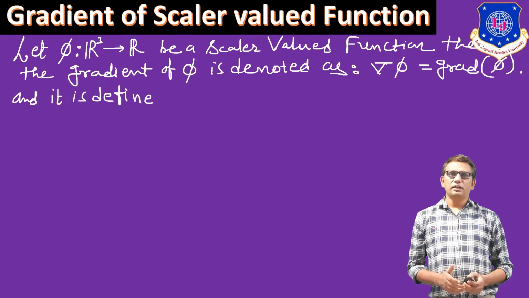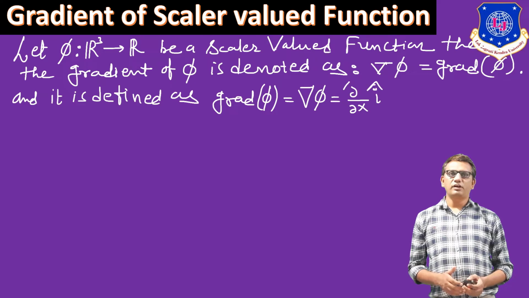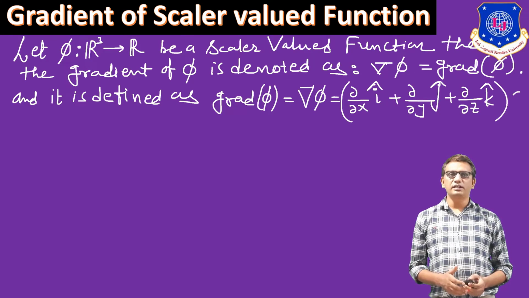This triangle is known as the del operator for the gradient function, and gradient of phi is defined as del phi by del x i caret plus del phi by del y j caret plus del phi by del z k caret.